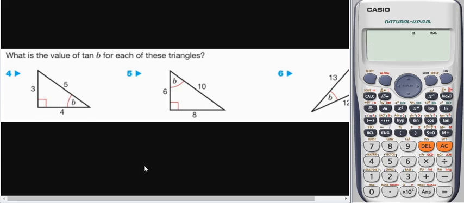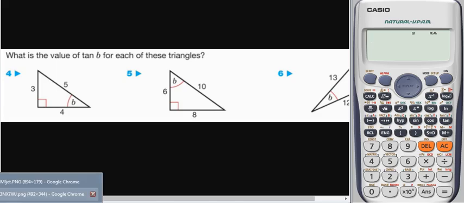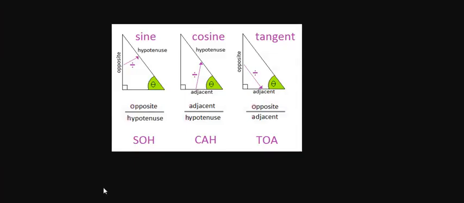The rule is like TOA. Over here, you have sine, cosine, and tangent. So the rule that we are talking about is the opposite side divided by the adjacent side, okay?